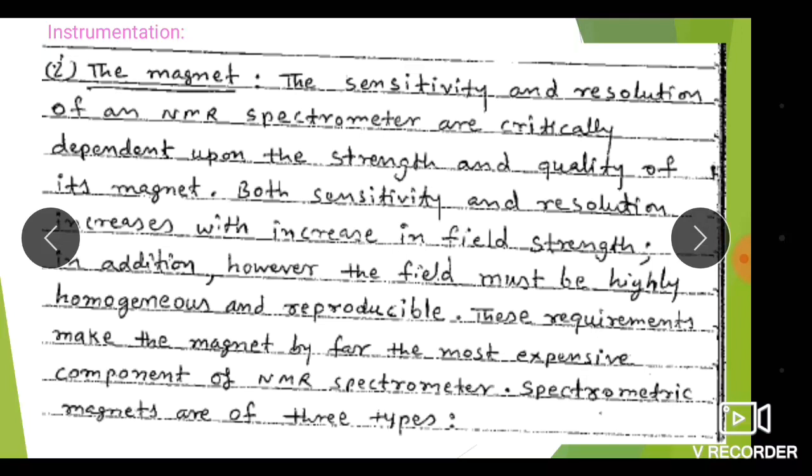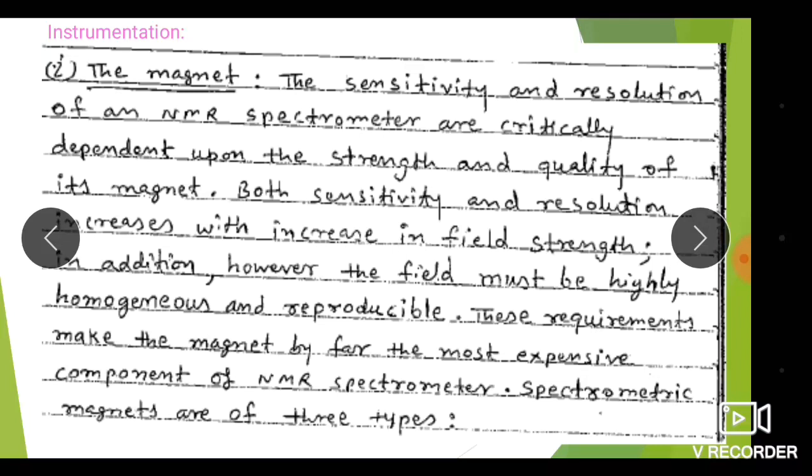In addition, however, the field must be highly homogeneous and reproducible. Homogeneity is very important during the measurement or analysis of NMR, because the field must be homogeneous in all directions and reproducible.